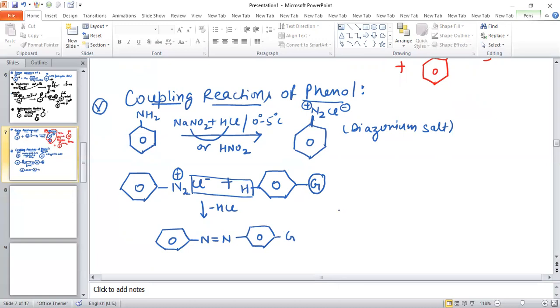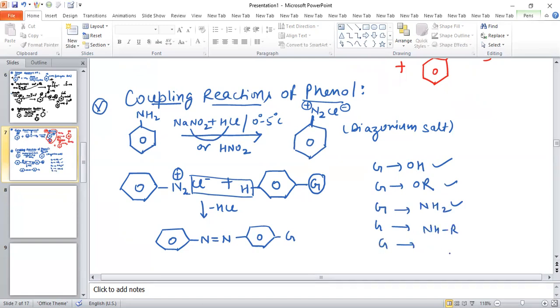This group can be OH group, yes. This group can be OR group, yes. This group can be NH2 group, yes. This group can be NHR, yes. This group can be NR2, yes.